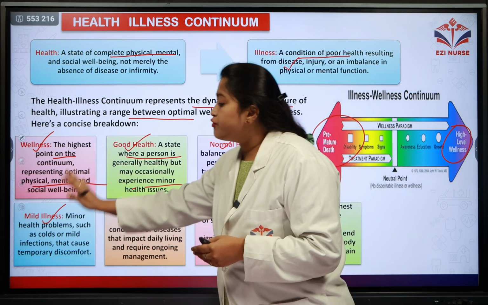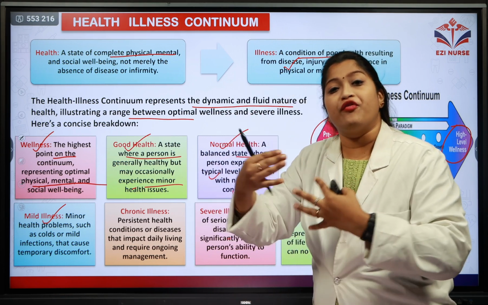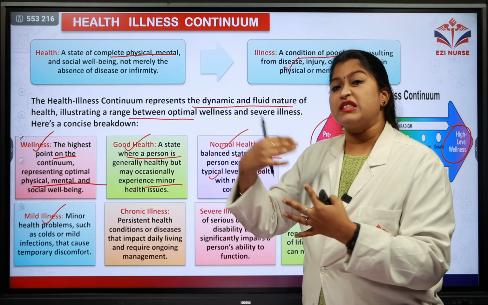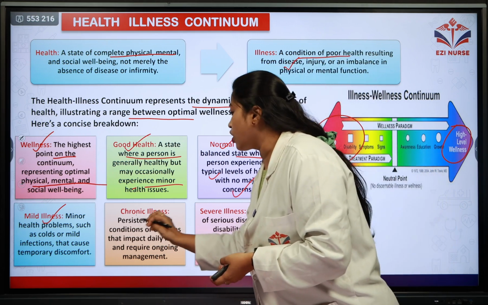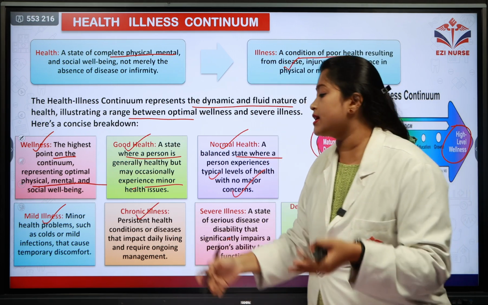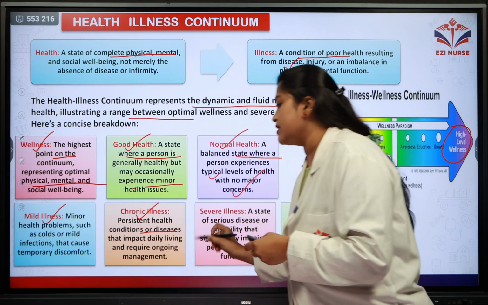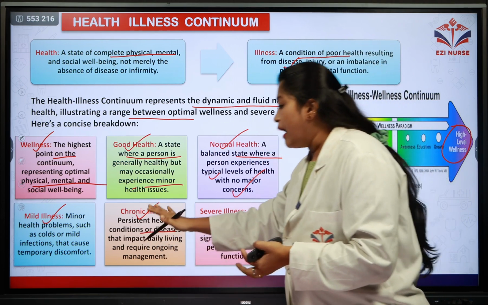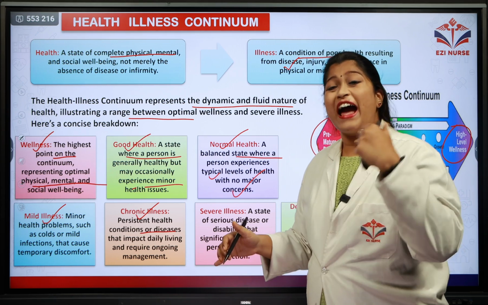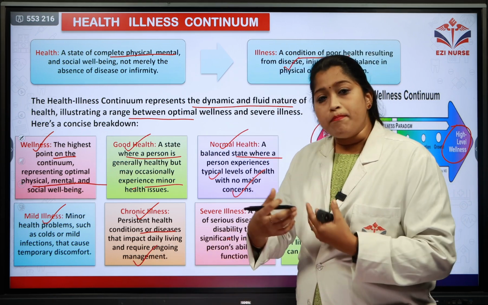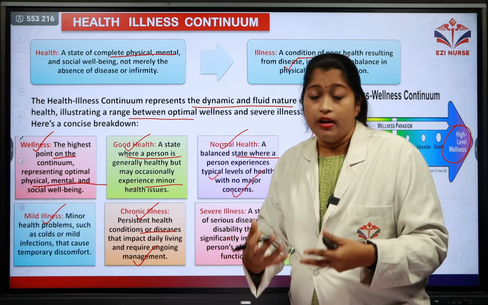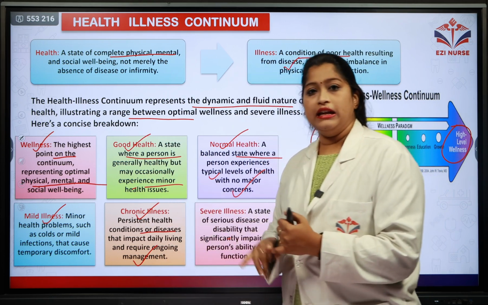So that is the fourth step in this health-illness continuum. Coming to the fifth point, chronic illness. There are persistent health conditions or diseases that very much impact their daily life and require ongoing management. So it is impacting his day-to-day functioning in chronic illnesses.